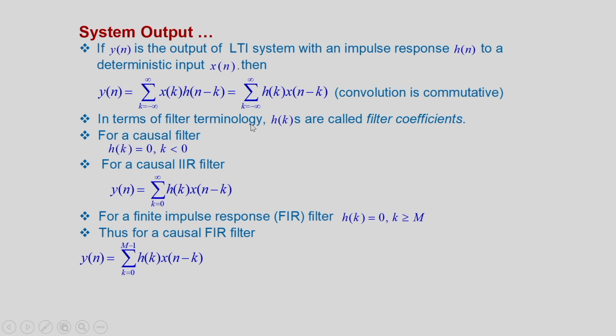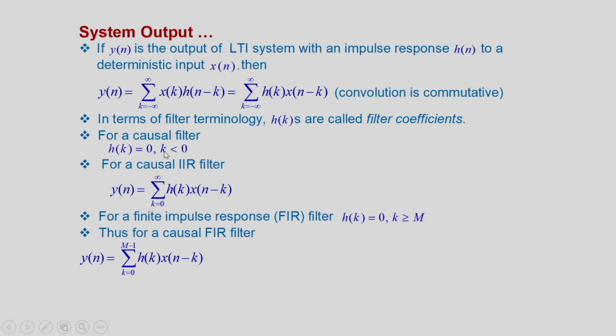Now, in terms of filter terminology, these h[k]'s are called filter coefficients. For a causal filter, if we assume that the filter is causal, which is realizable, h[k] is equal to 0 for k less than 0. So, for a causal IIR filter, y[n] will be equal to the summation of h[k] times x[n-k], k going from 0 to infinity.